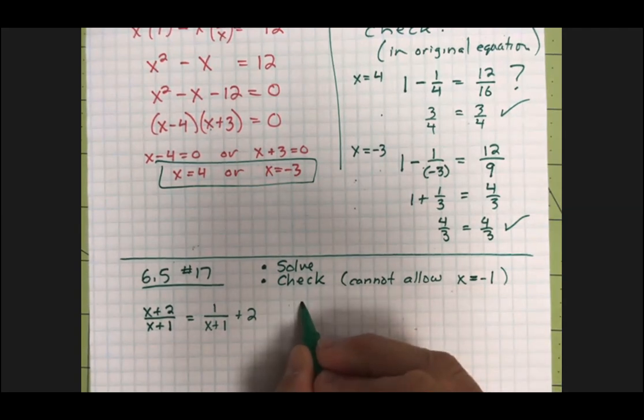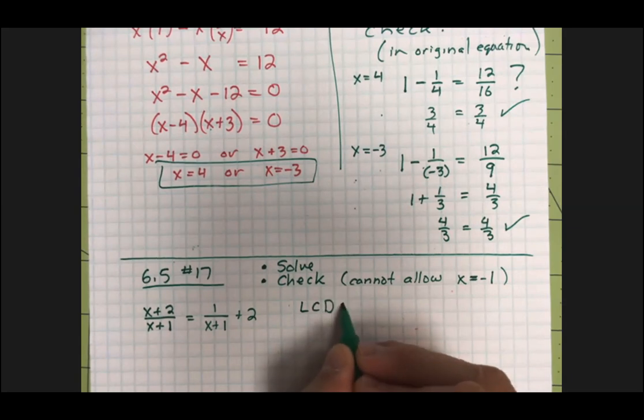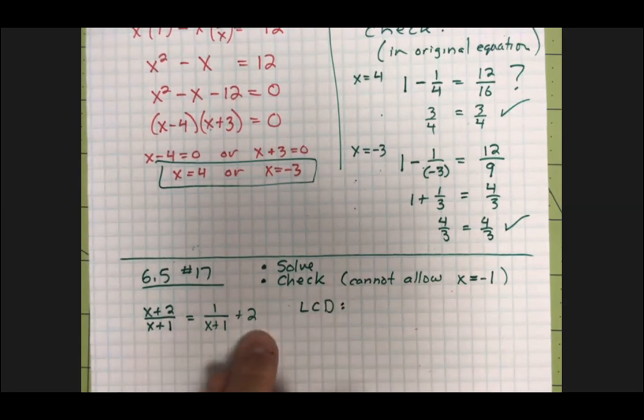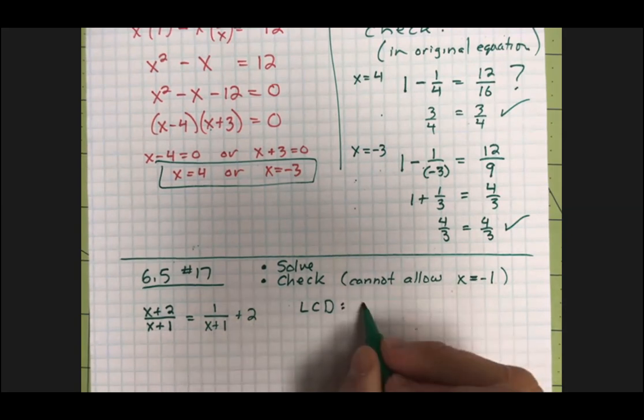Okay, now let's proceed. The least common denominator. Again, pretty simple denominators here. Two denominators, they're both the same. You could call the denominator of 2 over 1, but the least common denominator is just x plus 1 times 1.